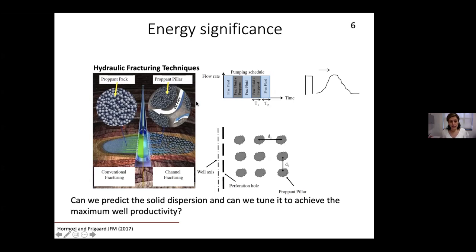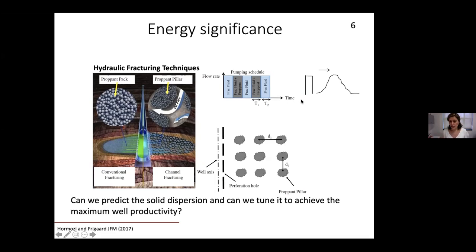In this scenario, hydrocarbon not only can flow through the porous pillars, but also through the spacing between them, and that enhances the efficiency of the reservoir substantially.